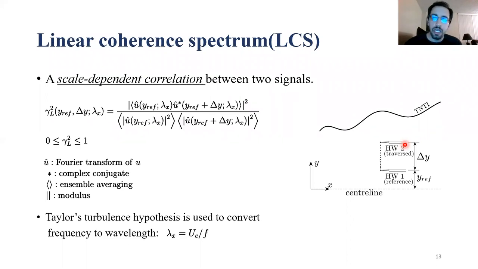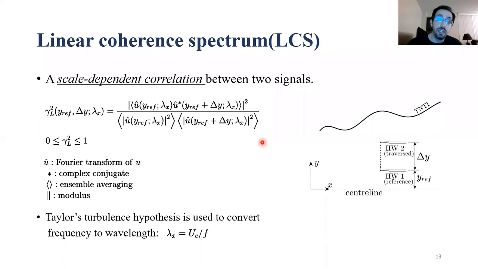So when we acquire the velocity signal simultaneously with these two hot wires, we calculate the linear coherence spectrum, which is basically a scale-dependent correlation between two signals. What the linear coherence spectrum gives us is, in fact, the coherence magnitude between two signals at various frequencies or wavelengths.